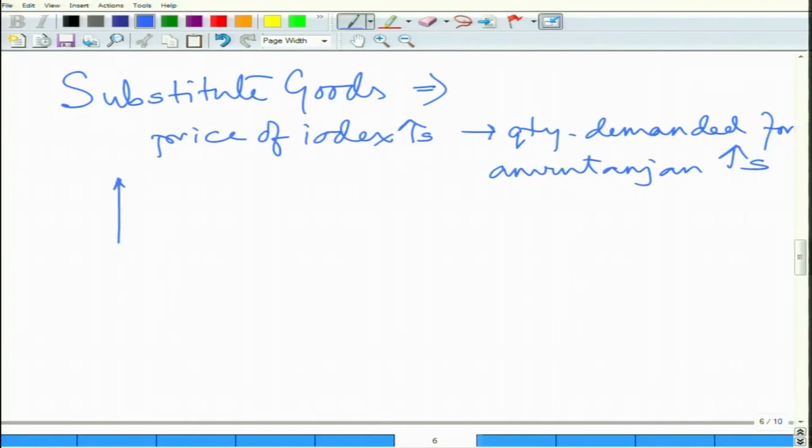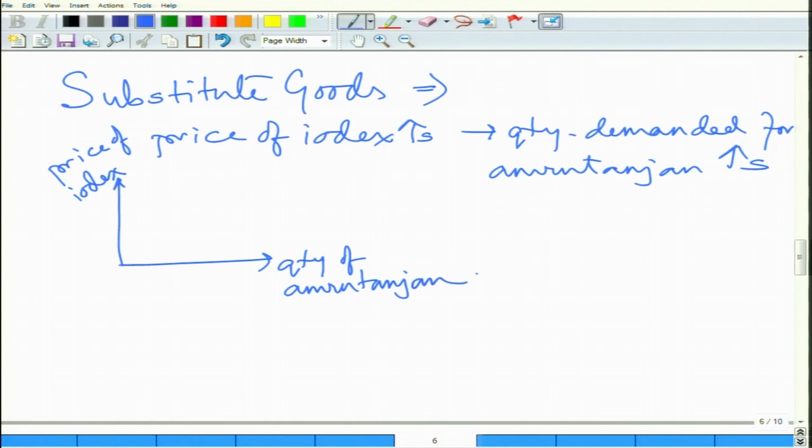Yeah. If I plot them, I can see the price of Iodex and the quantity of Amrutanjan, and I can see an upward sloping curve, because the price of Iodex increases and the quantity of Amrutanjan also increases.